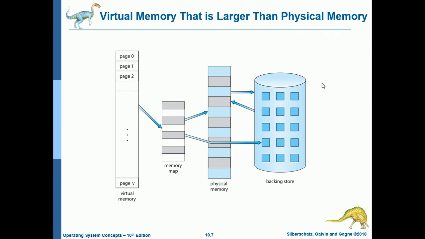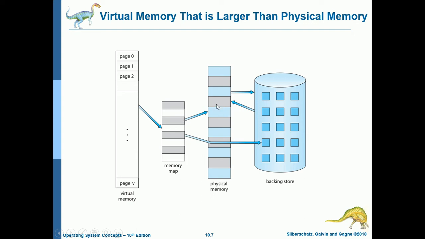Virtual memory can be larger than physical memory. Of course, if you use the free space of your hard disk as virtual memory, it is relatively bigger than the physical memory that you have. For example, we have virtual memory from page 0 until page V, which has a corresponding memory map, and this memory map has corresponding addresses in physical memory.